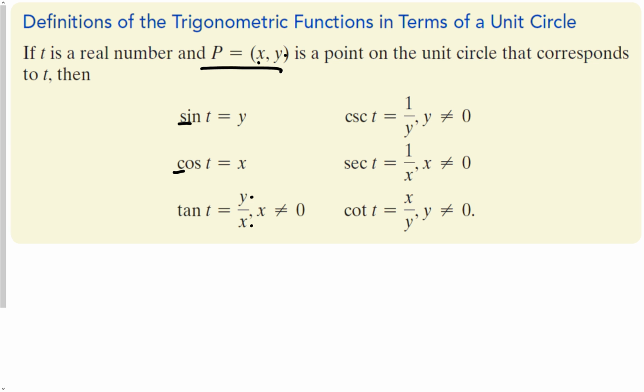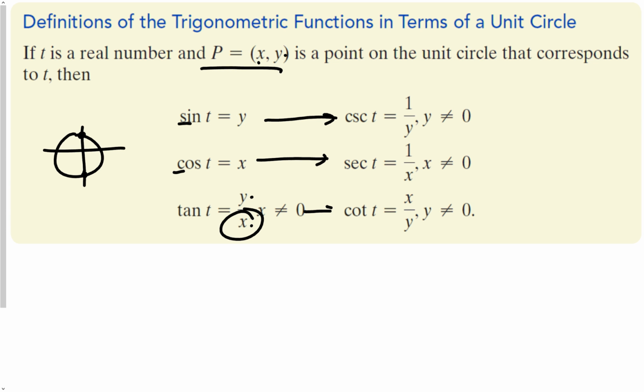But for the tangent function, somewhere the denominator is going to be equal to 0. If x is equal to 0, on a circle, that would be here and here. X is equal to 0 at those 2 points. So at 2 places on the circle, the tangent is going to be undefined.